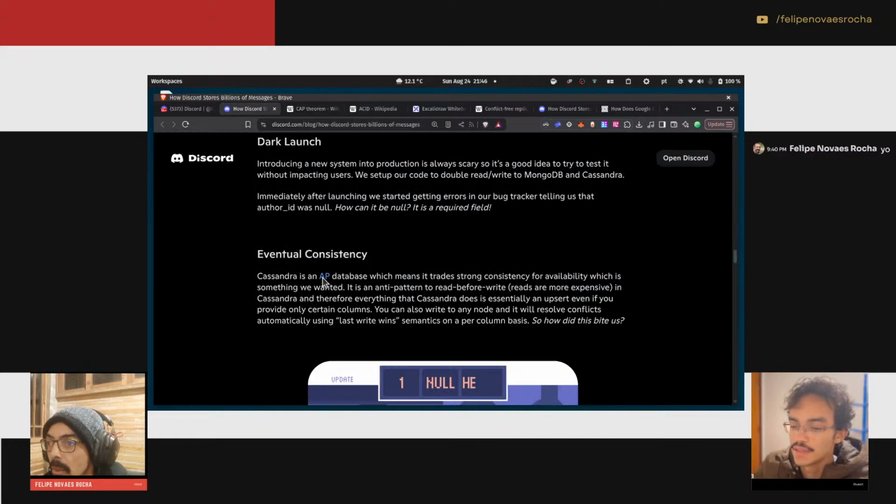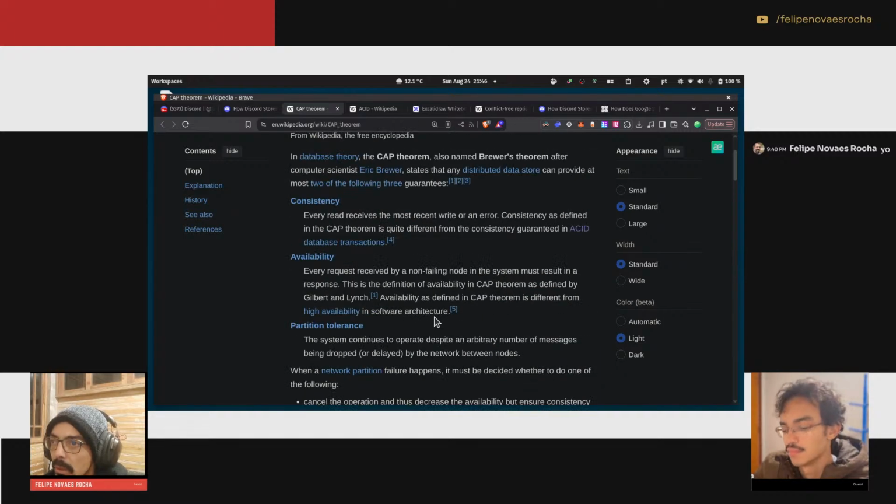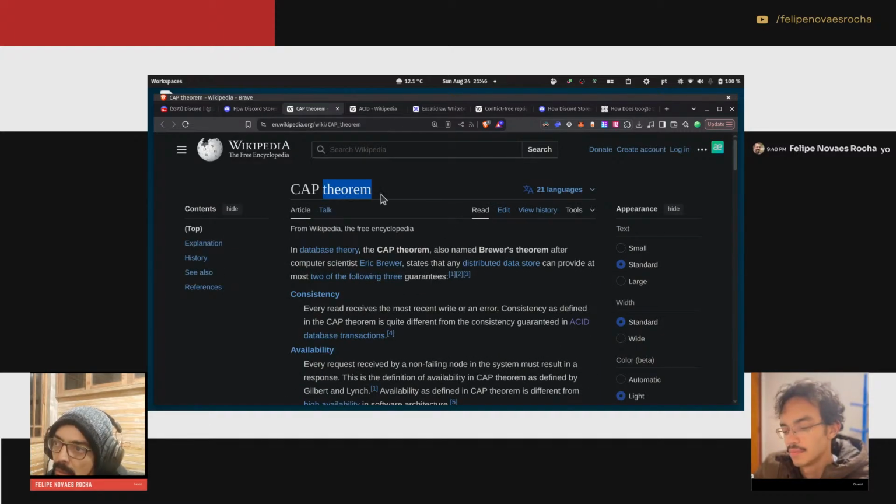These three things are like a law in databases. It's not a law, but it's something they observed about how it works. So theorems, or something they observe.